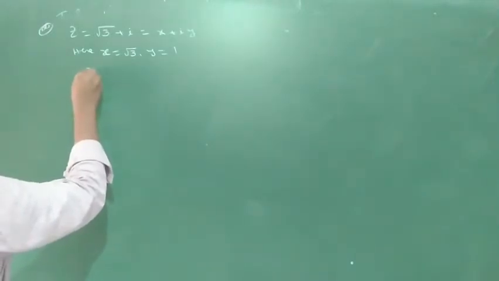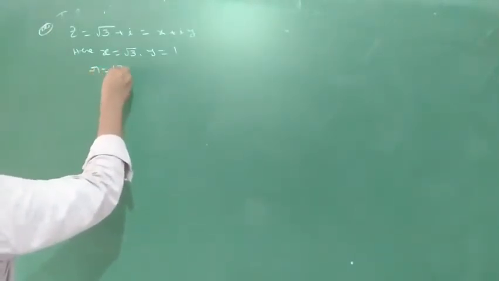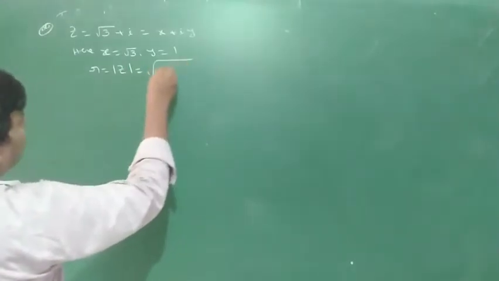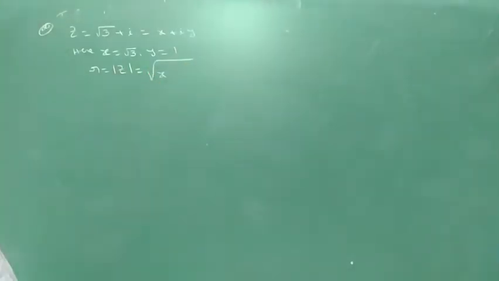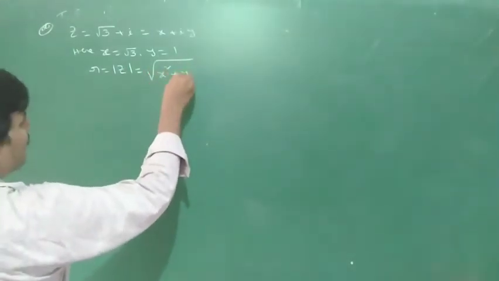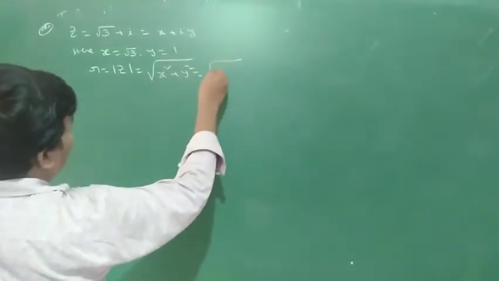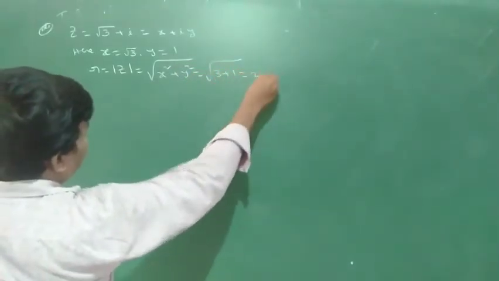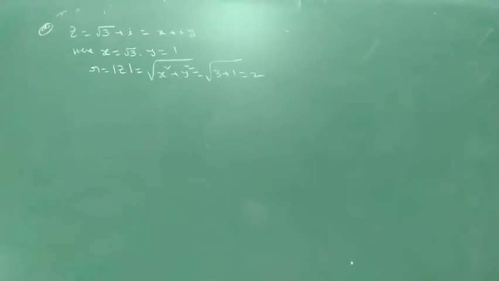So r is equal to mod z. Mod z is equal to the formula root of x square plus y square. So that is equal to root of 3 plus 1. Root 3 whole square is equal to 3. 3 plus 1 is 4. Root 4 is equal to 2.